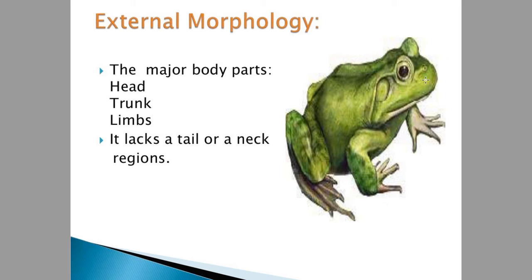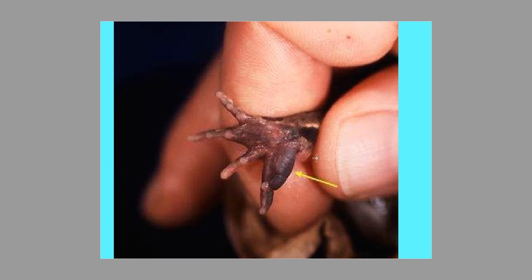The hand has 3 divisions: wrist, carpus, palm, metacarpus, and fingers, digits. There are 4 fingers in male frog. There is a pigmented swelling along the inner margin of the first finger called nuptial pad. And this is the nuptial pad.